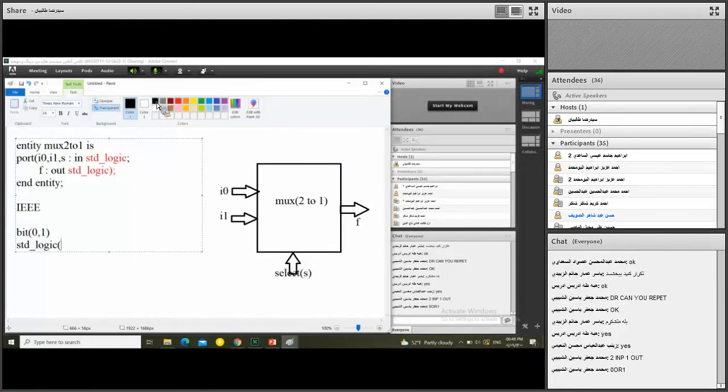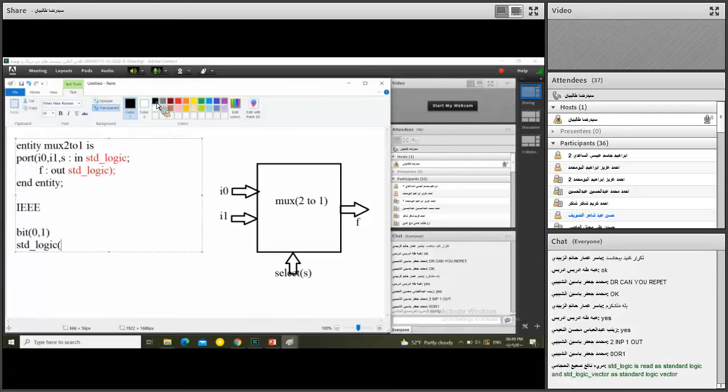Okay, about this standard logic? This standard logic has many values. For example, 0, 1, and Z, high impedance. Yes, and we can have a standard logic vector.